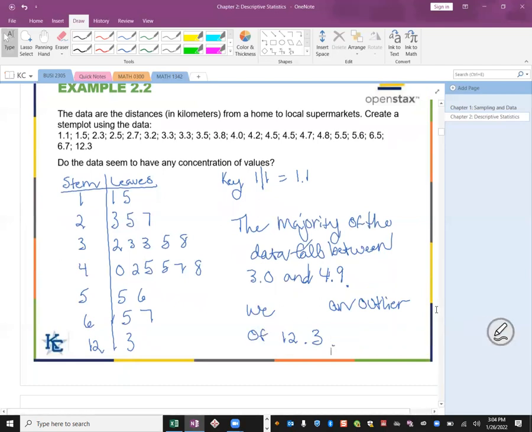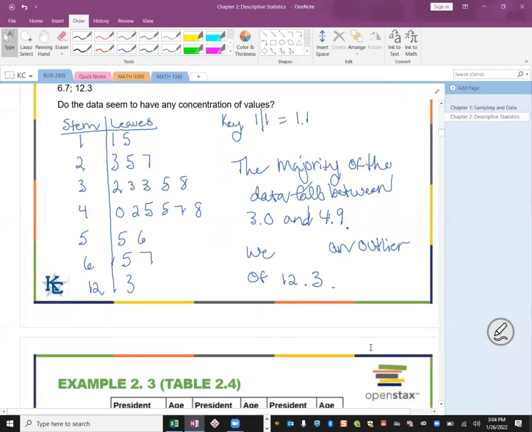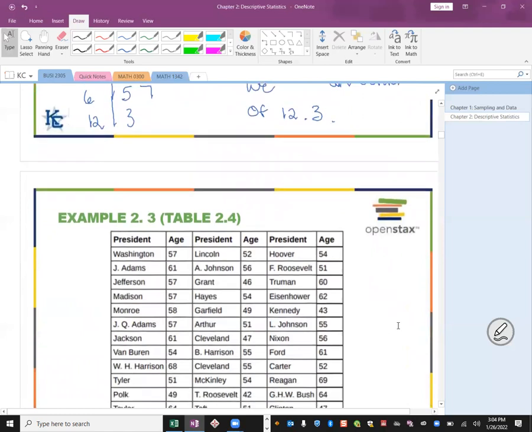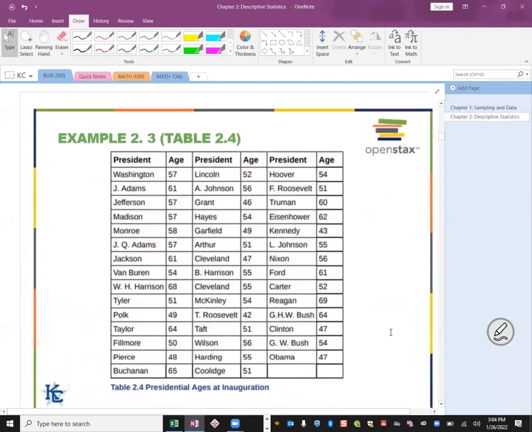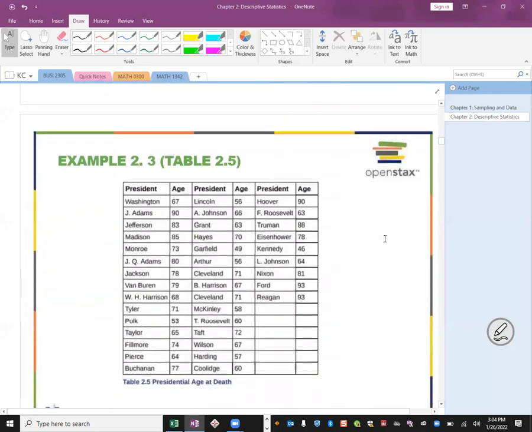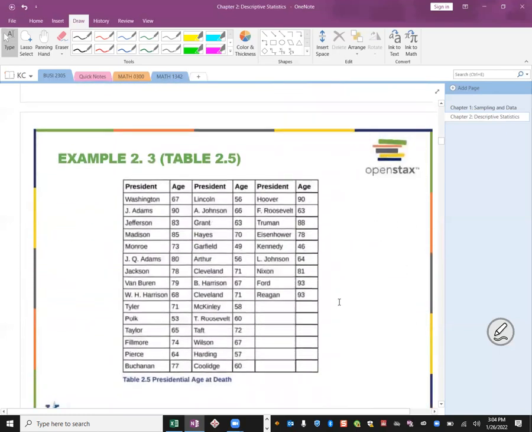Stem and leaf plots are very helpful, like we said, for looking at all of the data in one little table. Another type of stem and leaf plot that is interesting is a double stem and leaf plot. If we look at the data here in table 2.4, this is presidential ages at inauguration, so when they became president. Table 2.5 is presidential ages at their death.